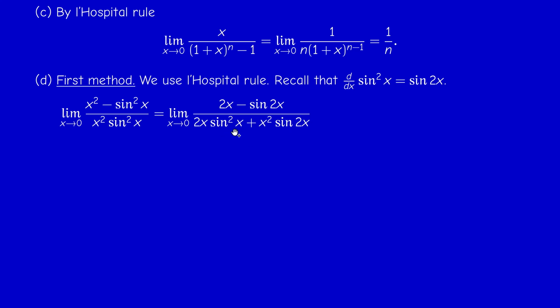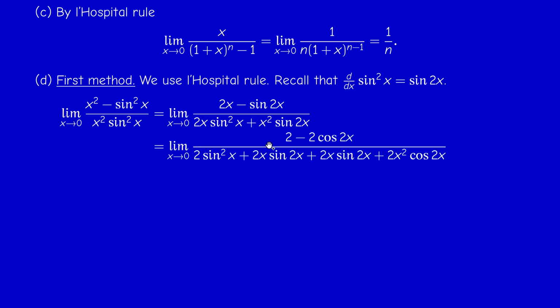Now, once again, if we want to apply L'Hopital's rule, we need to check that this does not vanish, or vanishes only at 0. This is easy to justify because I have something of the form x cubed, so this is a big O of x cubed. Anyway, this is still of the form 0 over 0, so I differentiate another time, and I get 2 minus, now sine 2x, the derivative of sine is cosine, so by the chain rule it's minus 2 cosine 2x.